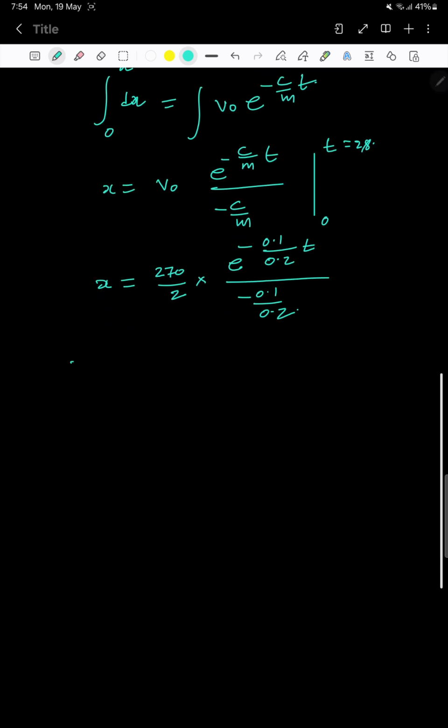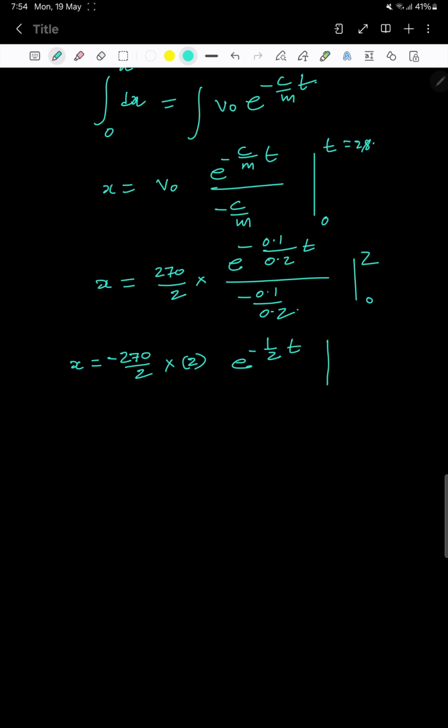Now the function x can be written as x is equal to 270 upon 2 into minus of 1 by 2, which can be written as 2, e to the power minus 1 by 2 t to the limits 0 to 2.